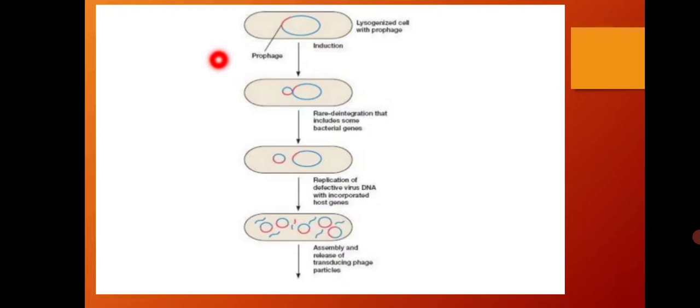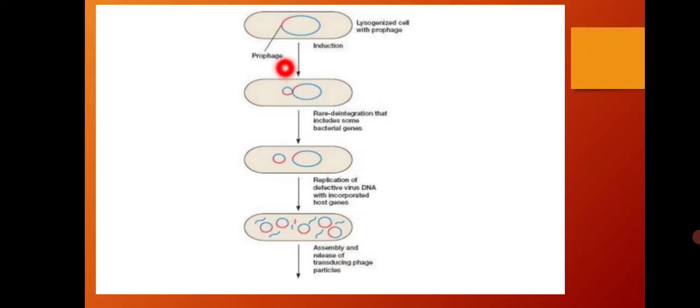After attachment, the phage releases its genetic material into the bacterial cell and it gets attached to the bacterial genome. The pink color is the phage genome, and the blue color is the bacterial genome. This stage is called the prophage.